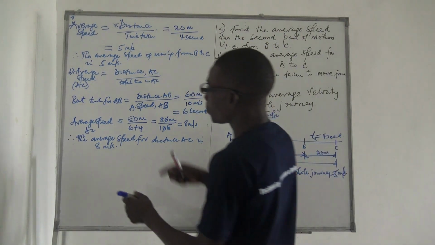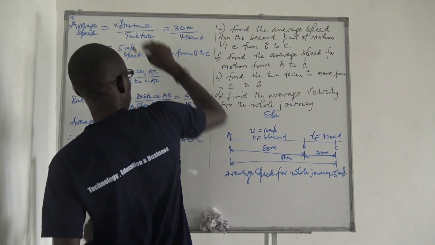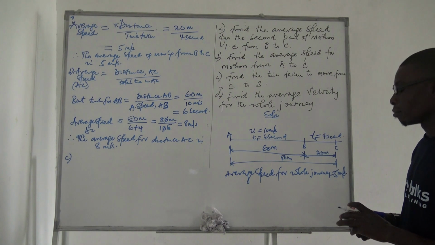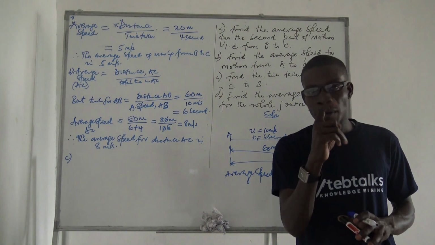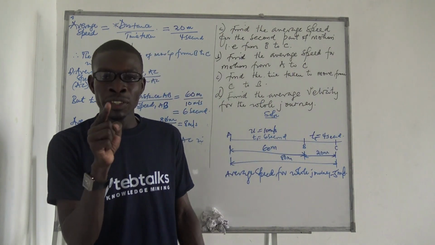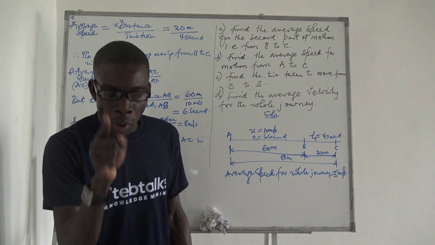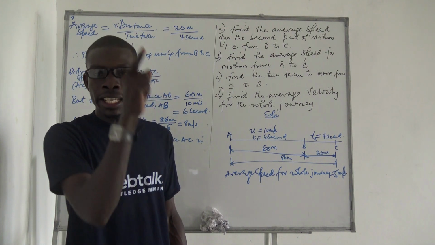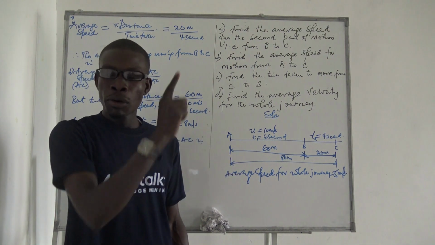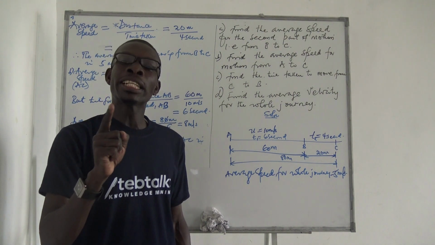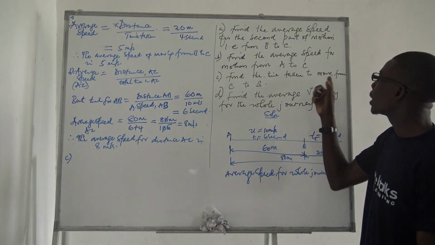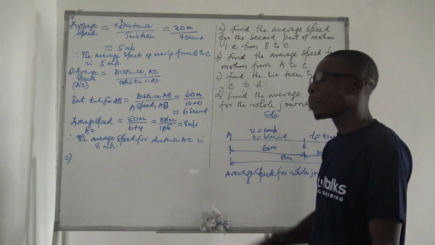The next part, that is part C, they are asking us to find the time taken to move from C to B. They described the motion as the body moved from point A to point B, and then from point B to point C, and then from point C back to point B. So what do you think could be the time taken to move from point C to B?